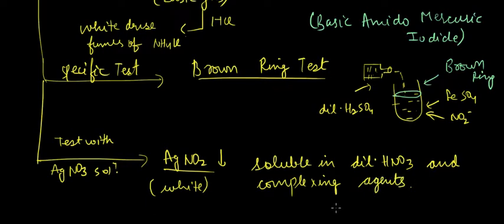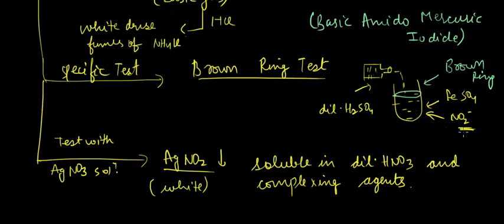Next, let us discuss the specific test of NO2 minus more. A freshly prepared solution of FeSO4, which is otherwise oxidized by air on longer duration, is added to the soda extract, meaning the NO2 minus ion containing solution.